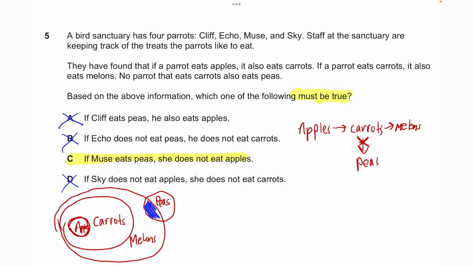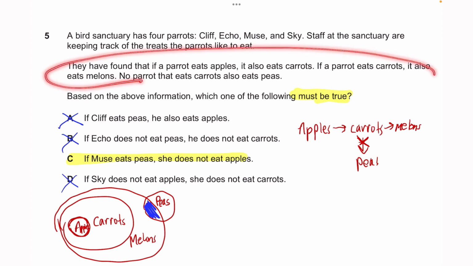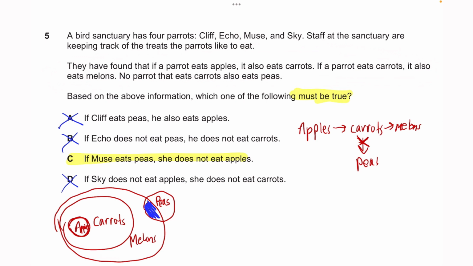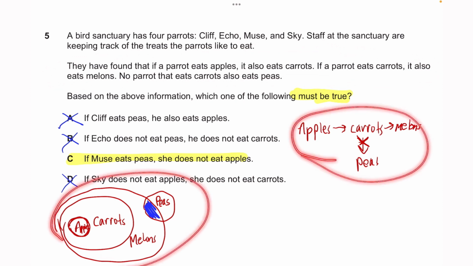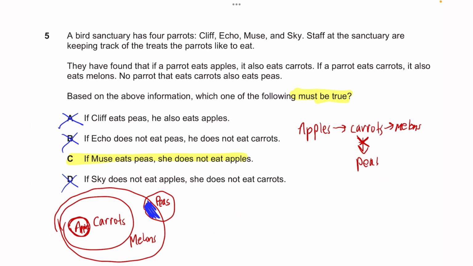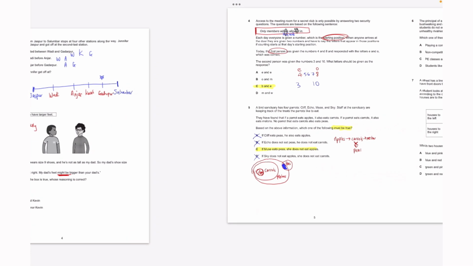And although the questions have different categories, they do share the same description, as both require students to make inferences and make a conclusion or conclusions based on a number of statements or clues that are all interconnected. So you can see that all the information here has some sort of a connection. That's why we're able to make a flowchart or even a Venn diagram just to see how it works. And so our answer to question 5 is C.